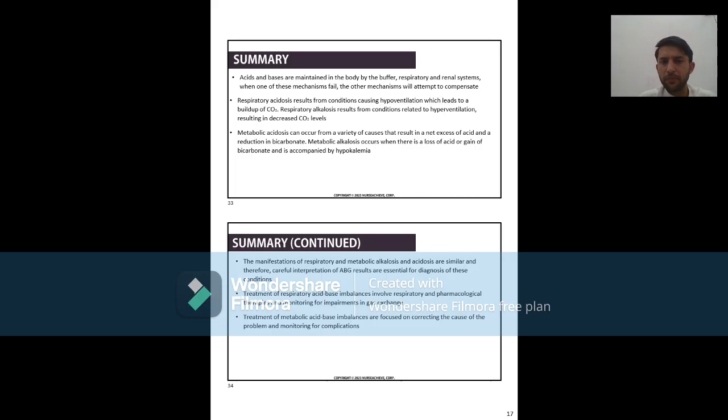The manifestations of severe respiratory and metabolic alkalosis are similar, and therefore careful interpretation of ABGs is very important for the diagnosis of the patient. Treatment of respiratory acid-base imbalance involves respiratory and pharmacological therapy and monitoring of the impaired gas exchange. Treatment of metabolic acid-base imbalance is focused on correcting the cause of the problem and monitoring for complications.